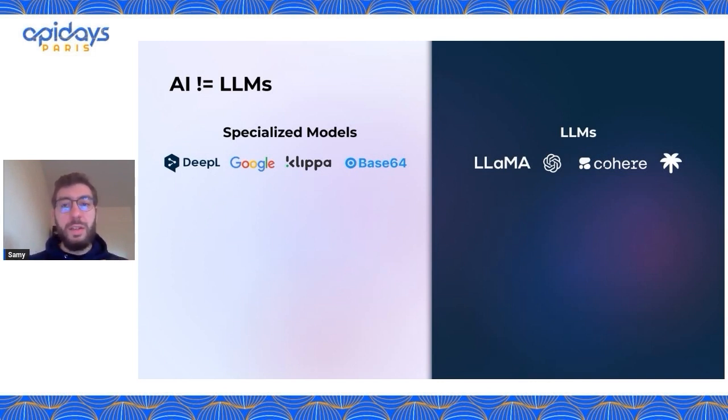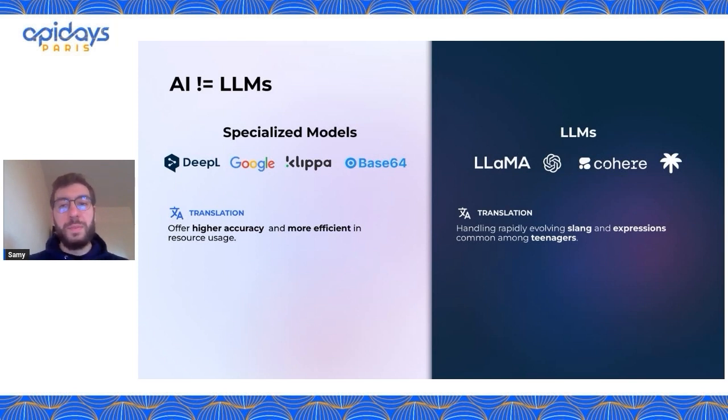I've seen a lot of people, for example, using LLMs for translation, while we have great companies like DeepL or Google that have translation APIs made specifically for this task, which offer higher accuracy, are more efficient, and are less prone to error.